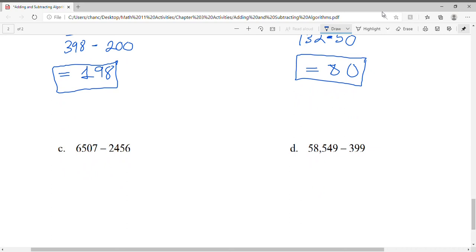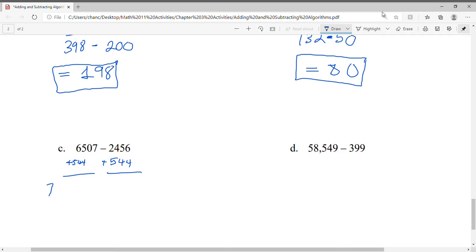Now this number is 2,456. It would be a lot easier to do if this was close to 3,000. Now I'm going to add 544 here, so this becomes 3,000. And of course we'll add 544 to the other number as well.